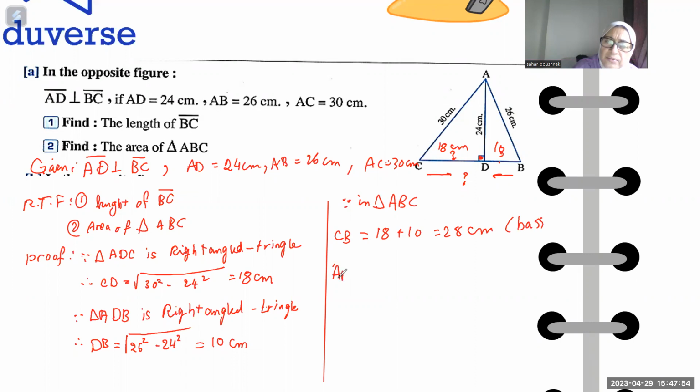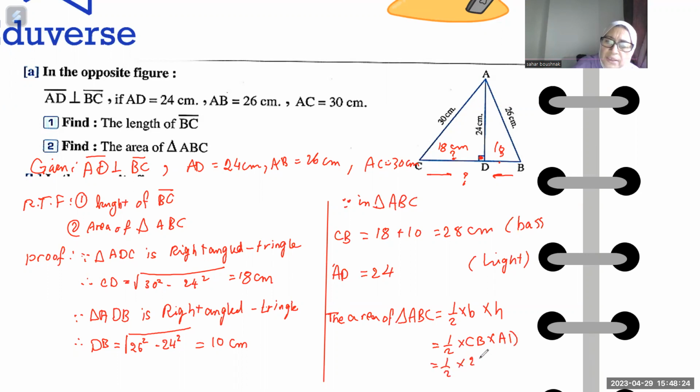Then AD equals 24, and this is the height. So the area of triangle ABC equals half multiplied by base multiplied by height, equals half multiplied by CB multiplied by AD, equals half multiplied by 28 multiplied by 24.